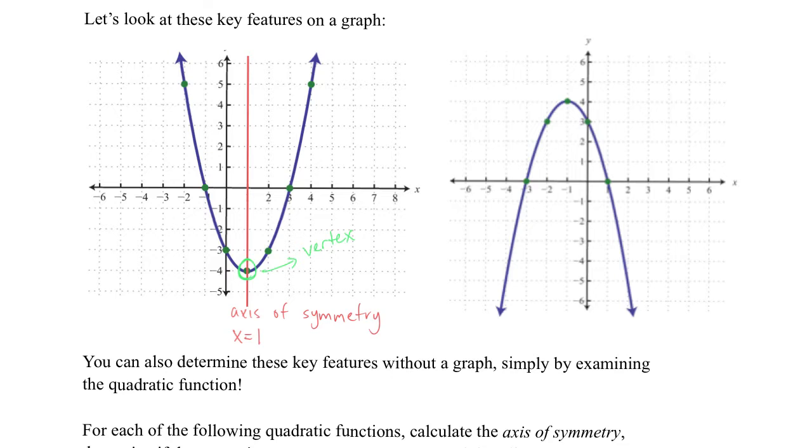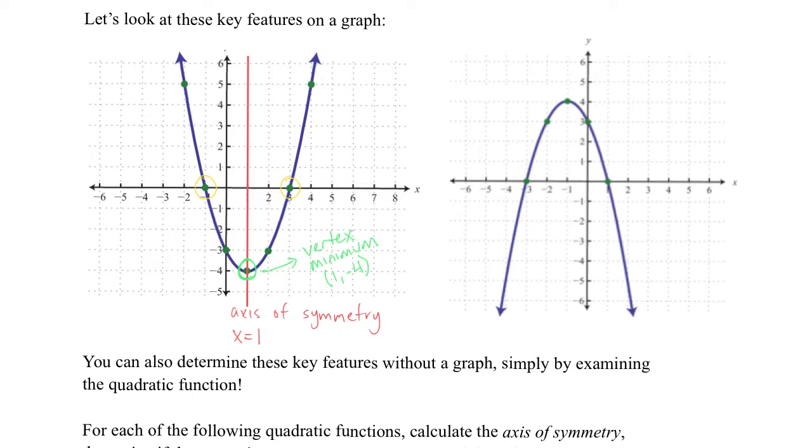Now, in this case, it's at the bottom of the parabola, so we would classify this one as a minimum. And you could put the coordinates if you wanted to. So in this case, the coordinates are 1, -4. So that's our vertex.